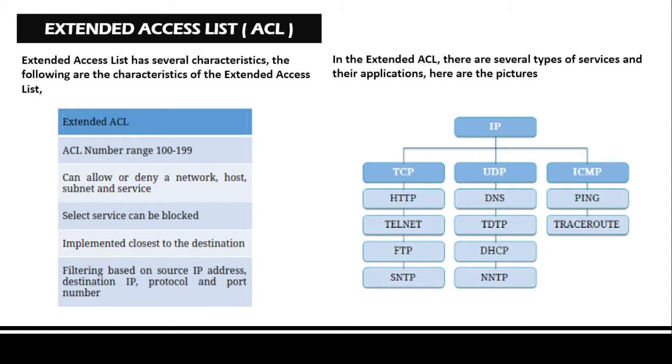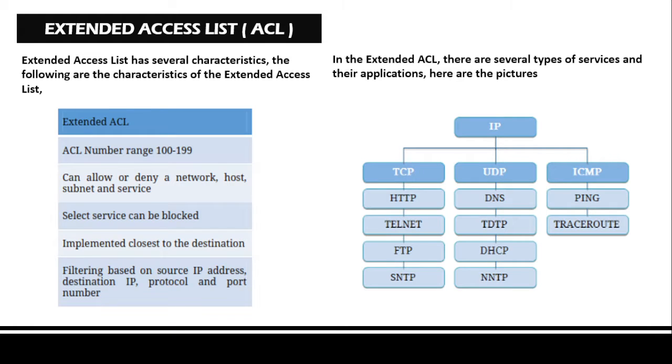Third, select services can be blocked. Fourth, implement it closest to the destination. And for the last, filtering is based on source IP address, destination IP, protocol, and port number.